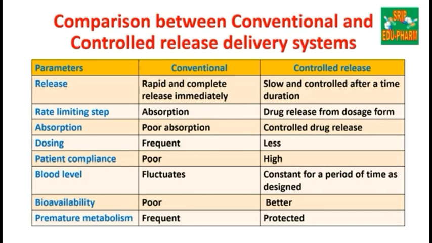And in the reservoir system, the active agent is contained in a core surrounded by a thin polymer membrane, and the active agent is released to the surroundings by diffusion through the rate limiting membrane.